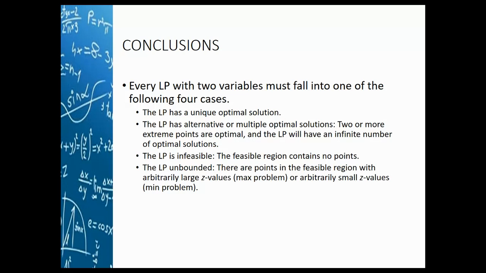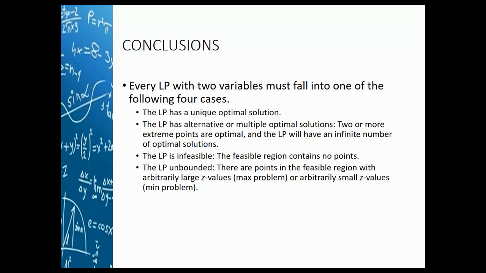But if you have two variables, it has to fall into four different cases. Either you have a unique optimal solution, which we would really love to have, or you can have multiple optimal solutions, with two or more extreme points.